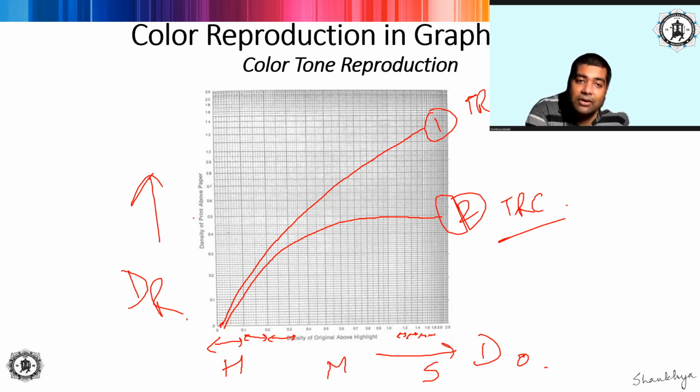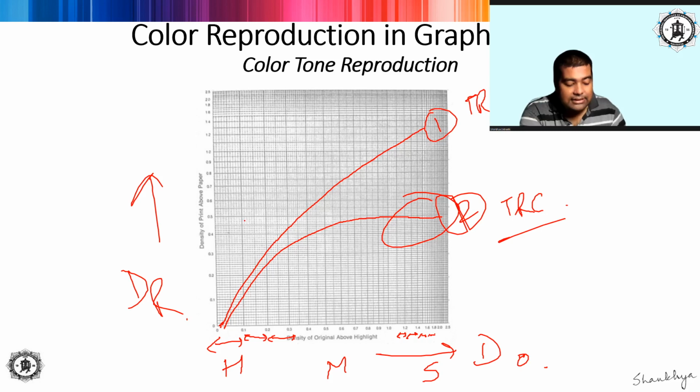Here, because the density interval is more spaced out in the highlight area in this particular graph, that is why the change in the highlight areas is much more pronounced or much more prominent, and because the changes in the shadow areas were not that prominent and the density intervals are very small in your shadow areas, it becomes almost linear in nature.